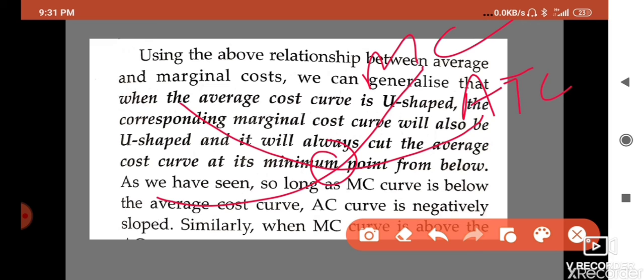So this concept we are going to discuss here. MC curve is below the average cost curve before the maximum utilization of resources, and when we are utilizing it fully, then MC is equal to AC. You can see with the help of the table that MC and AC will be equal at the point of equilibrium.